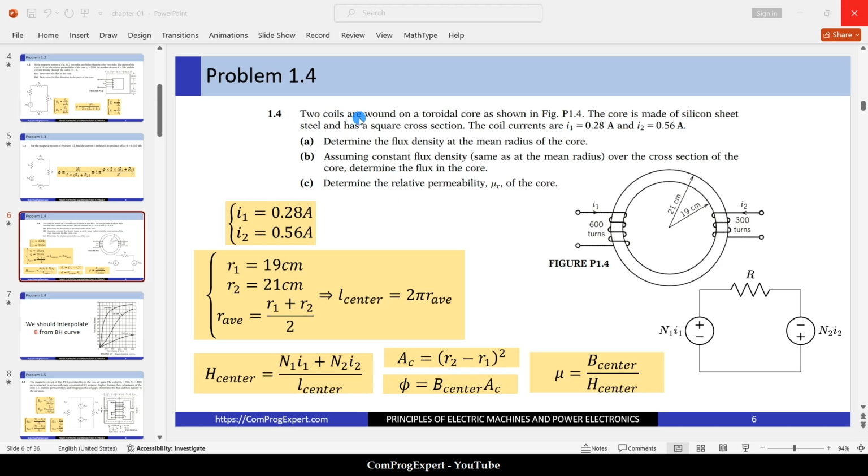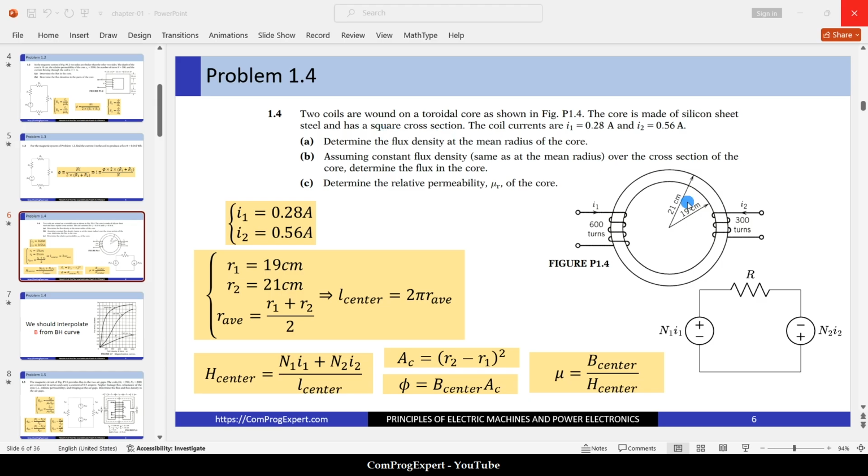Two coils are wound on a toroidal core as shown in figure P1.4. In this figure, we have a circular shape iron core. The core is made of silicon sheet steel and has a square cross section.